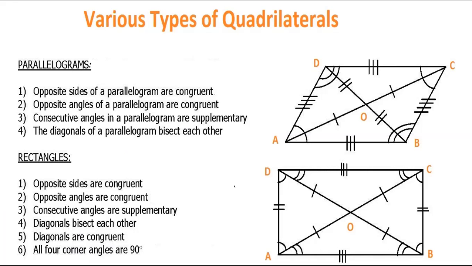And since AC and BD are equal, their halves are also equal. We can say that AO is equal to BO. Similarly, BO is equal to CO, CO is equal to DO. All four corner angles are 90 degrees. That means the measurement of each angle of the rectangle is equal to 90 degrees.